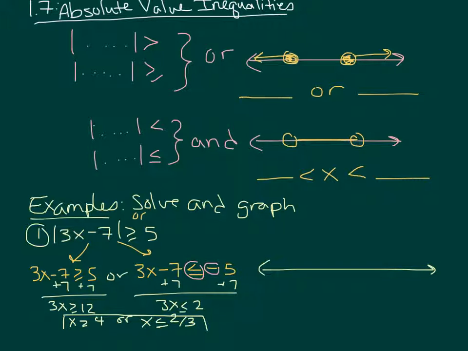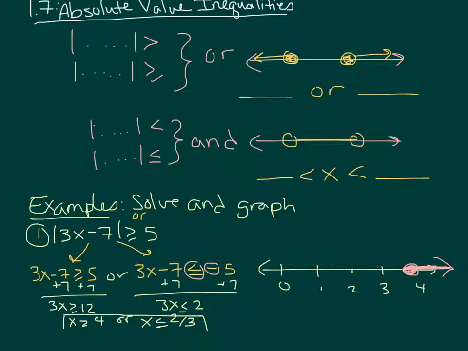So I'm going to go ahead and graph starting at 0 and ending at 4. So first of all, I have x is greater than or equal to 4. We know that this is going to be closed because it's greater than or equal to, not just greater than. We also know it's going to go to the right because of two things. First of all, because it's greater than or equal to 4.